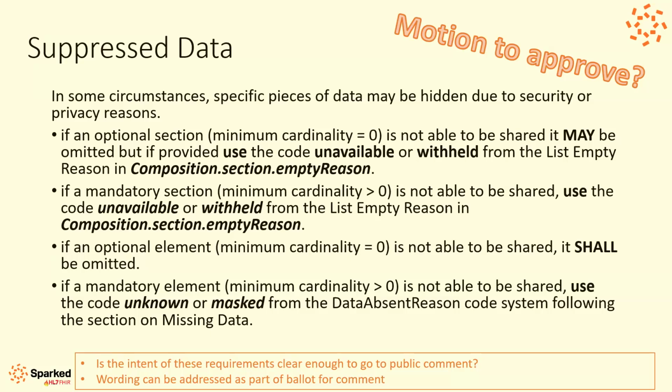I guess I've got a question here, Danielle, and that is, if we have this statement, then how does this reconcile with non-conformance for missing mandatory data? Yeah, quite well. They work together as they have in AU Core and they do in US Core as well.